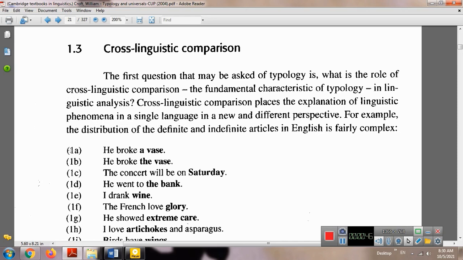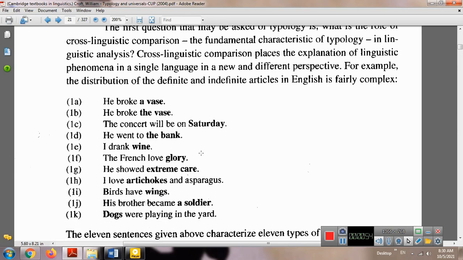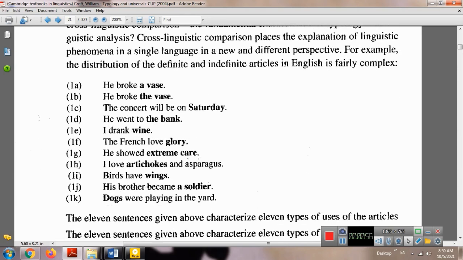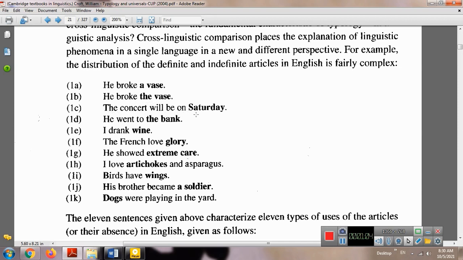For example, the distribution of the definite and indefinite articles in English is fairly complex. Here we can see its example. He broke a vase. He broke the vase. The concert will be on Saturday.